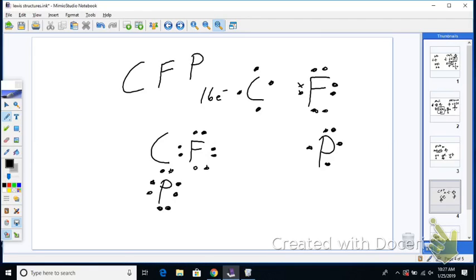Look at what's wrong. It has 3 lone pairs, and then there it has 1. So what are we going to have to do with 2 of these lone pairs? You got to share them. You got to put them in between. So you're going to take this one, and it doesn't matter which ones you pick, guys. Still, the results are going to be the same. And then you put them in between.